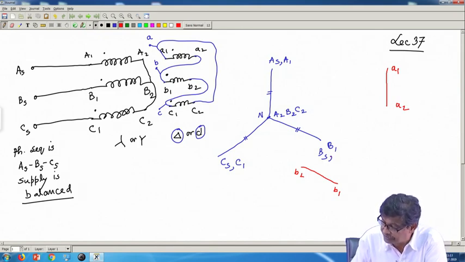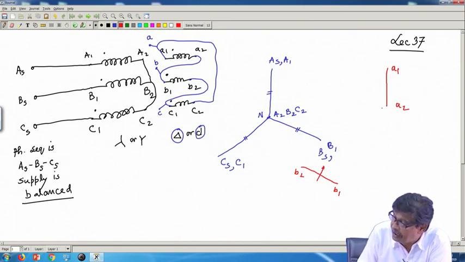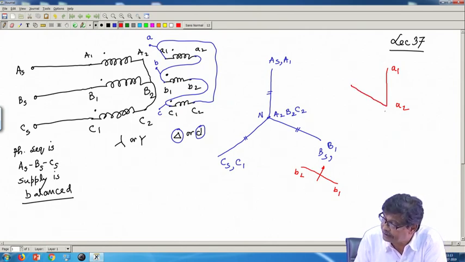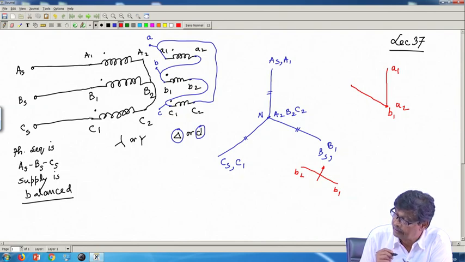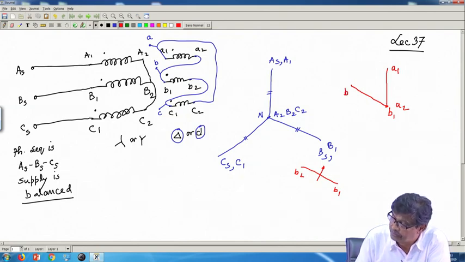So, I will shift this fellow parallelly and bring it here like this, such that a2 and b1 are joined. So, I must write it here b1. So, b1 a2 is this point. So, b1 b2, got the point, parallel to this.